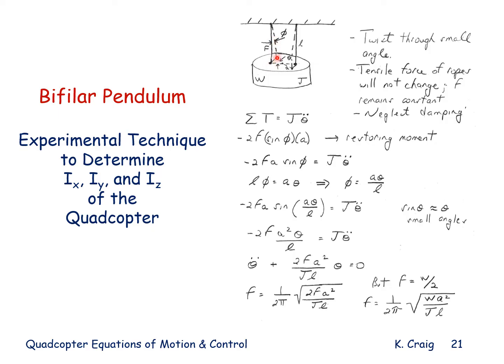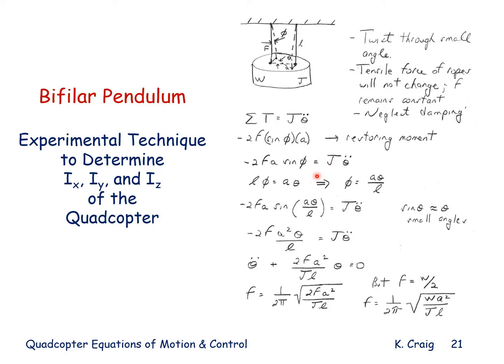And that force has a moment arm equal to the length a. And so the restoring moment for one string is F sine phi times a, but there are 2 strings, and so I have the multiplier 2, and the minus sign means that this is a restoring moment.